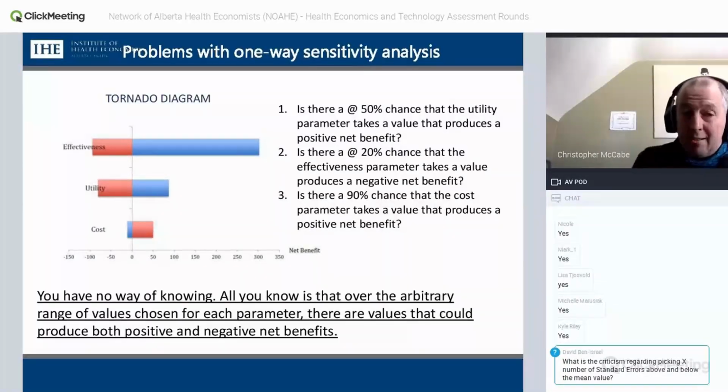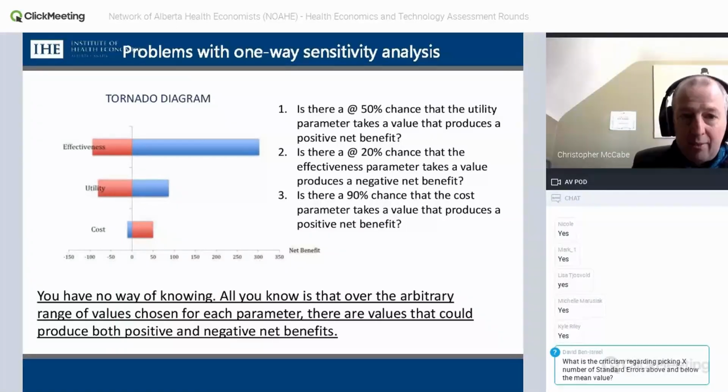But if I was not trained in the methods of analyses, which most of the people who sit on these decision-making committees are not, if I look at that, I think it would be perfectly reasonable to interpret the utility parameter as saying, well, the sensitivity of the decision to the utility value, well, about 50% of the time, it's going to take a value that leads to a positive net benefit.